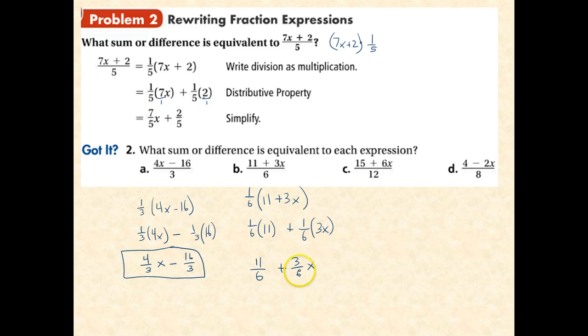But 3 over 6 reduces because 3 is 3 times 1 and 6 is 3 times 2. And 3 divided by 3 is 1. So we get 11 over 6 plus 1/2 x.